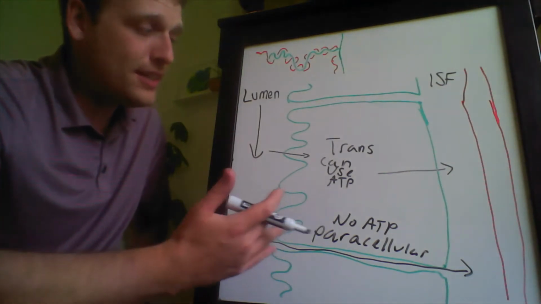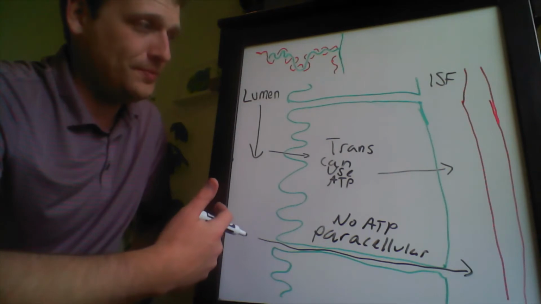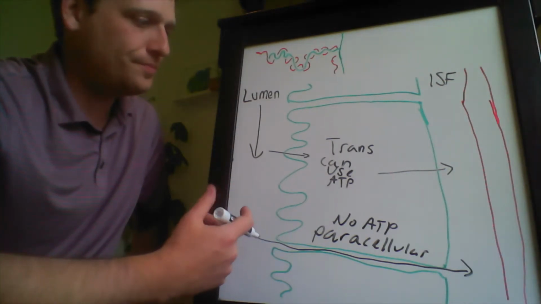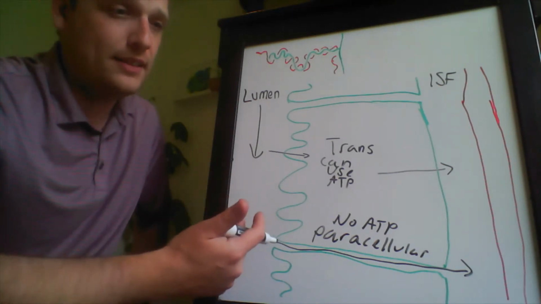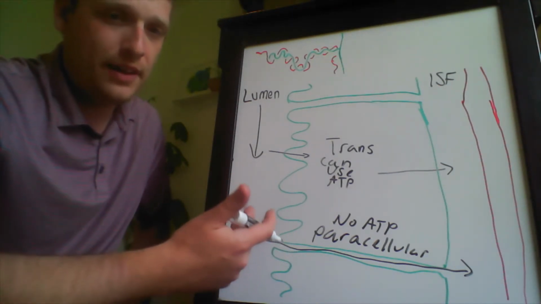And this transcellular transport, using ATP in many cases, leads to the fact that the kidneys use up a lot of energy.